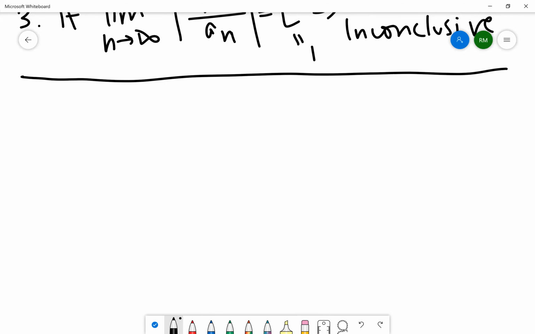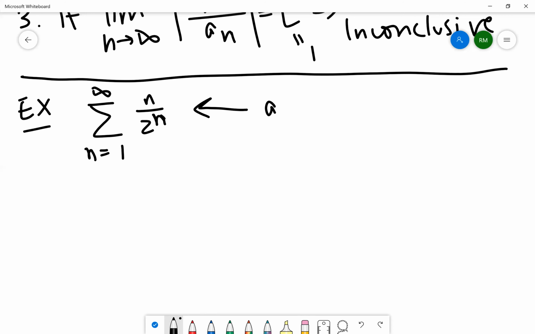So let's look at an example here. And our first example will look at the series n over 2 to the n. So that's my a sub n term. And this tells me that a sub n plus 1 is n plus 1 over 2 to the n plus 1.